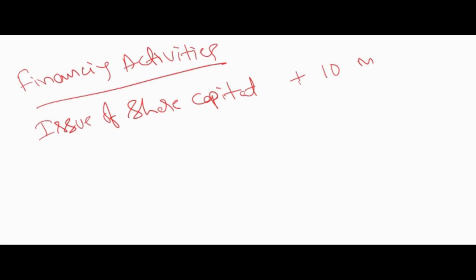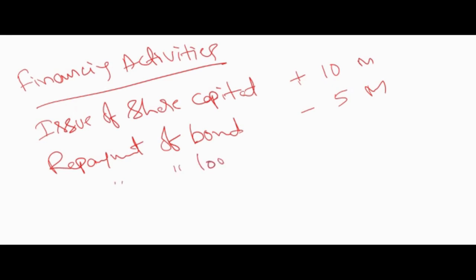Or for example, repayment of bonds. This is negative, right? So let's say 5 million. Or let's say repayment of loan, right? So your cash is going out, let's say minus 5 million.